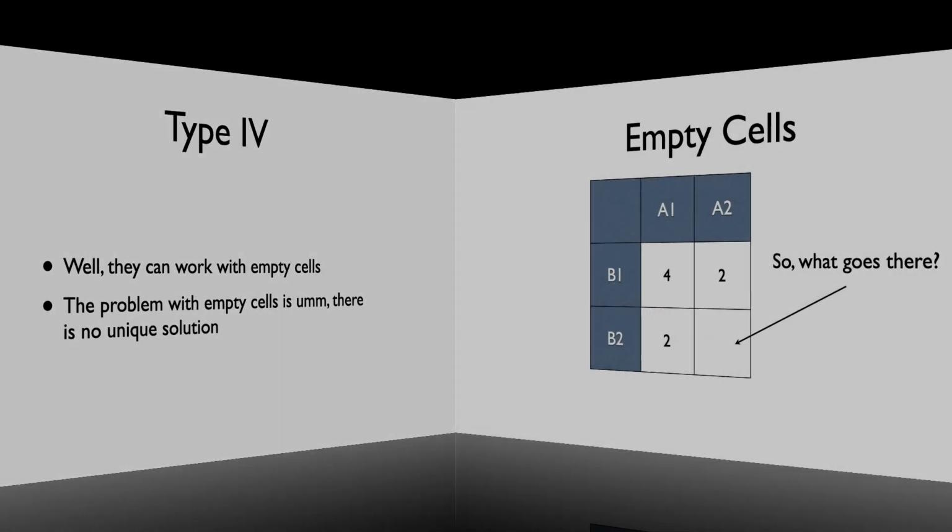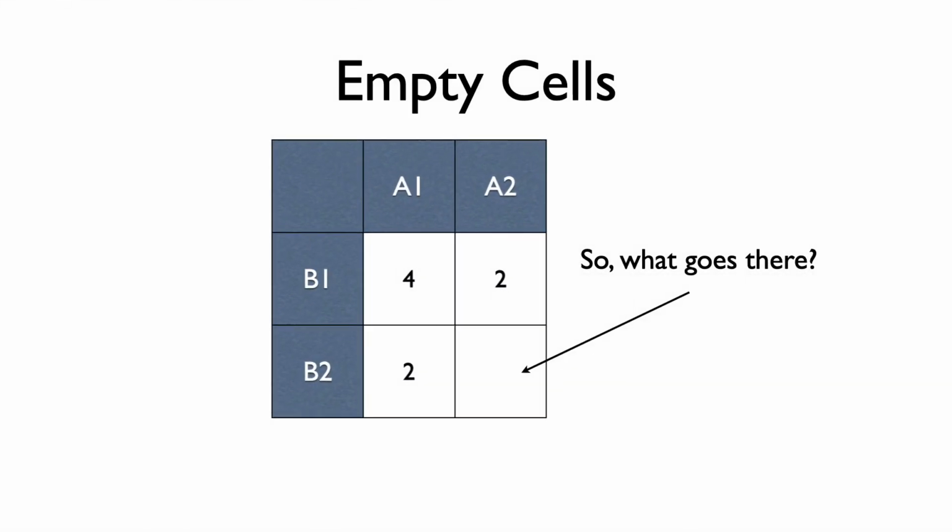Let me show you what I mean. These are going to be cell means. So there's 4, 2, 2, and whatever. So this is like one of those things where I say break down the table: is there a main effect of A, a main effect of B, etc. What should this be?